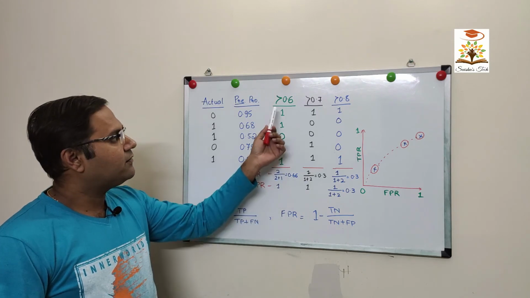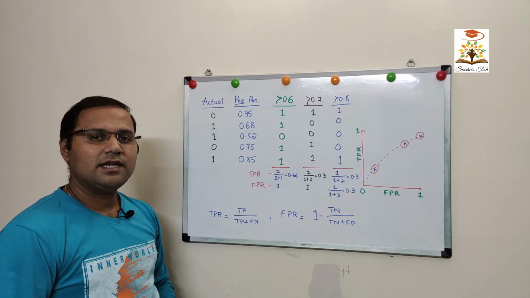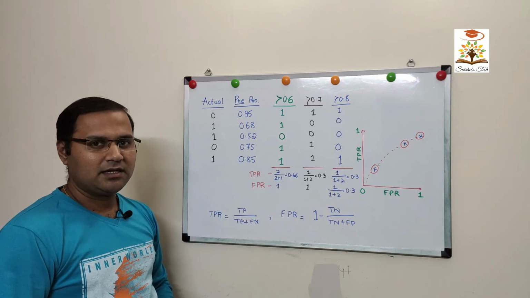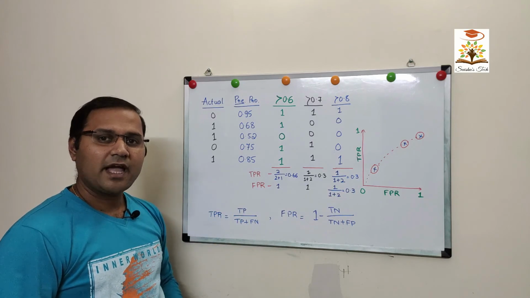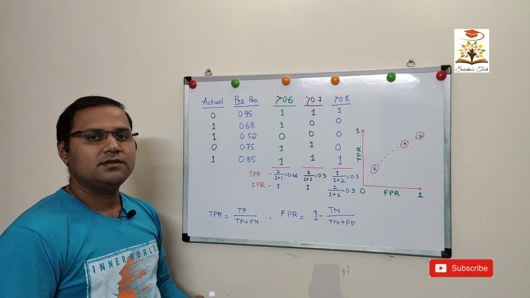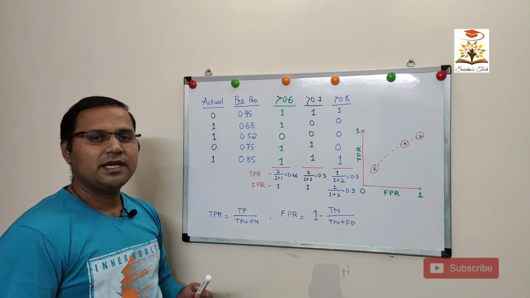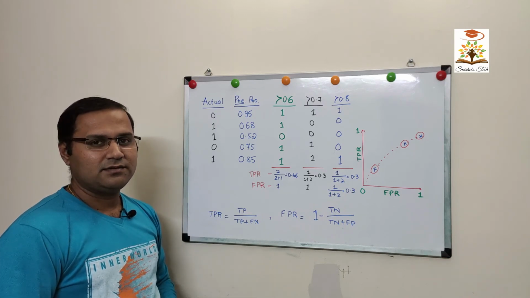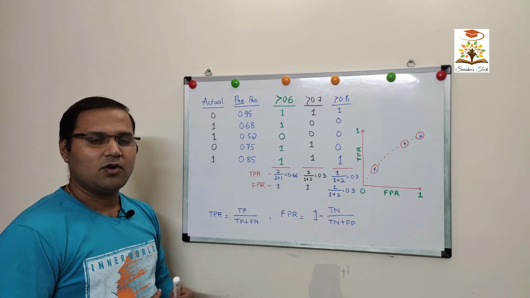Similarly, for different combinations of thresholds, we can calculate the TPR and FPR and plot them on the graph, and the ROC curve can be built. This is how we can build the ROC curve and understand the characteristics of the model.